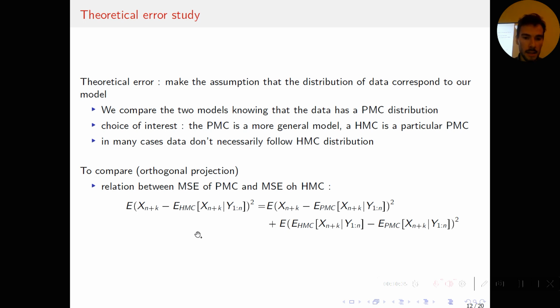We can see that, thanks to a kind of Pythagoras theorem, it's an orthogonal projection, the MSE of our HMC is equal to the MSE of our PMC plus the expectation of the squared difference between our two expectations with the two models.